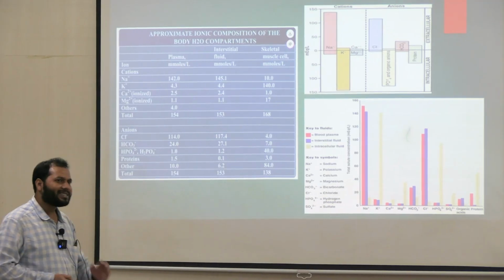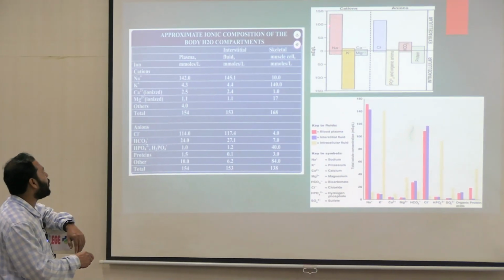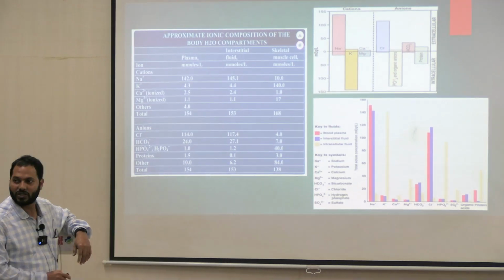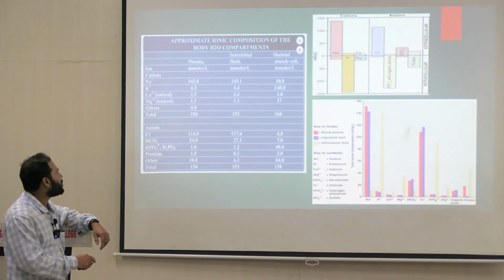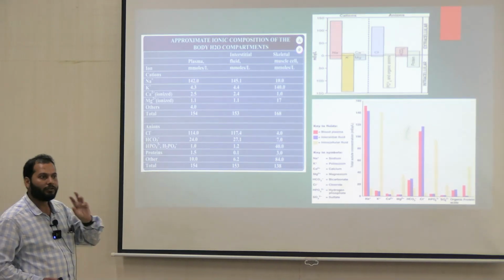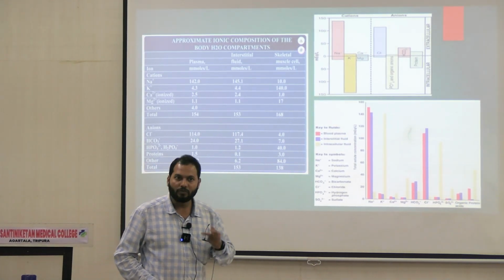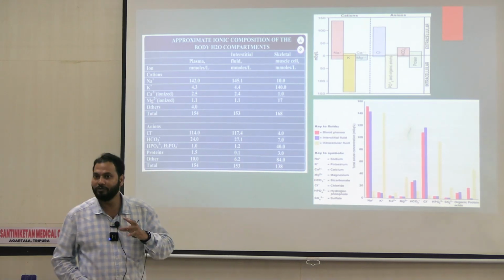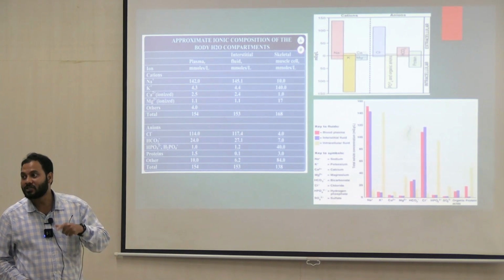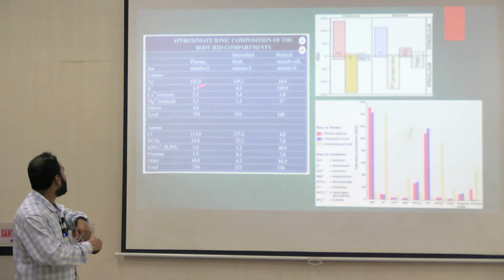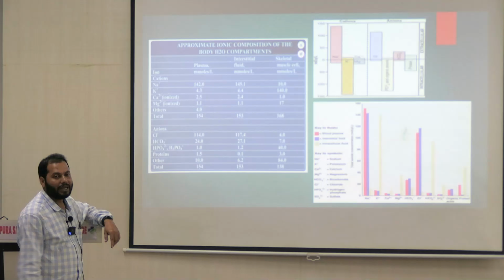So what is the average amount of sodium and potassium present in extracellular and intracellular fluid? Extracellular fluid means the fluid in blood plasma, the fluid in interstitial space, and transcellular fluid. The amount of sodium in blood plasma, that is, in extracellular fluid, is around 142 millimoles per liter.